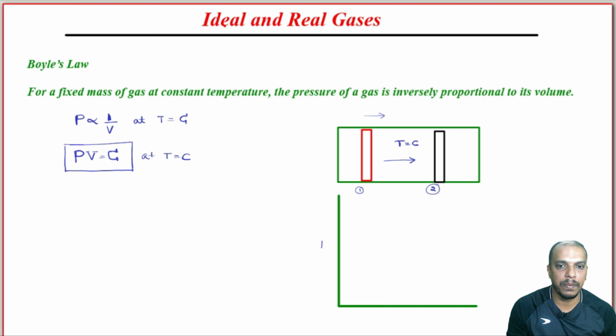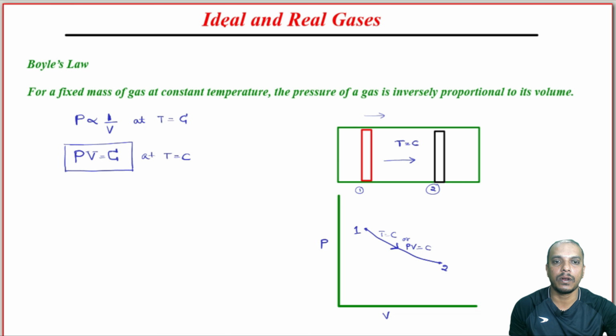Then in a PV plot, a process which we call a constant temperature process, or PV is equal to constant process, looks like a hyperbola in a PV diagram. So, this comes from experiment. We should remember that it looks like this in a PV plot.